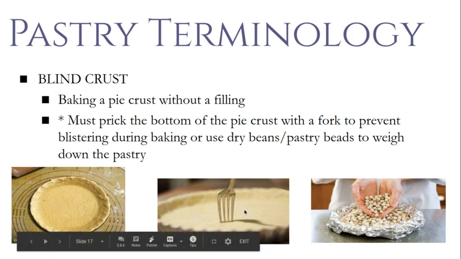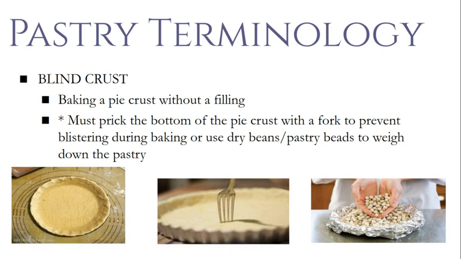So we prick it with a fork to allow that steam to escape. But then we add the baking beans in there. Dry beans, baking beans, pastry beads, rice you can use. It helps put weight on the pastry, so that the crust does not blister or cause those bubbles. So that's a term that is pretty common in the pie world.